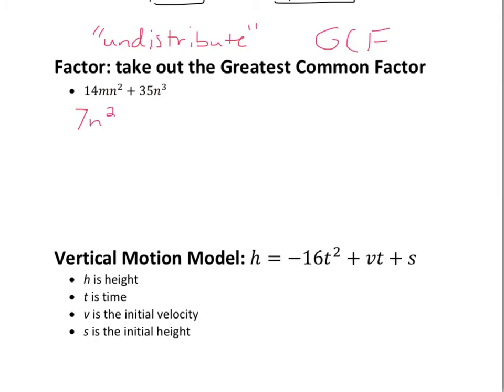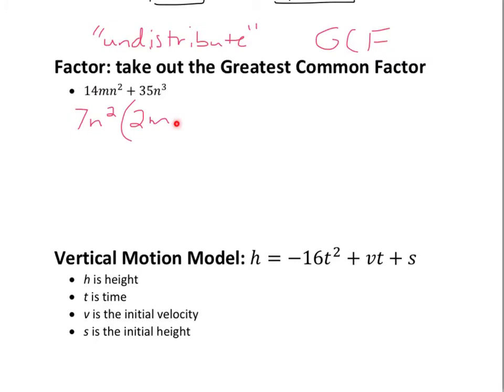The reason I call it undistributing is because we have to write on the inside of the parentheses whatever's left. If we take 7 out of 14, you're going to be left with a 2. You're also left with m, because we didn't take the m out. But we did take the n squared out, so there's nothing left in there.